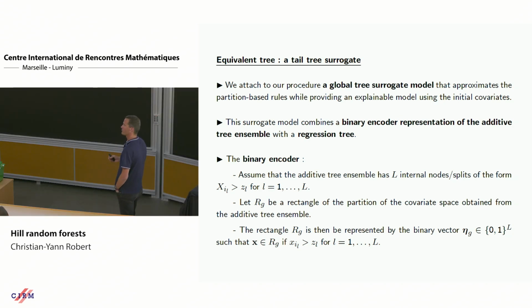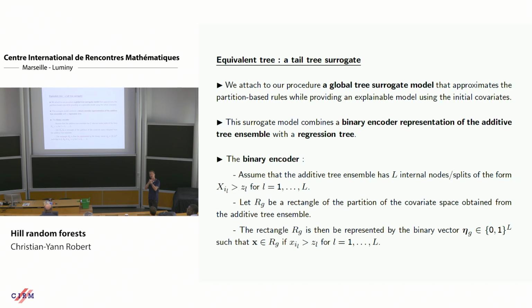We also propose in the paper a surrogate model. That is a model proposed to help you explain how the subsets are estimated. Actually, you could have a very complex shape for your subsets, and it is not necessarily easy to understand how the covariates interact to give these shapes.